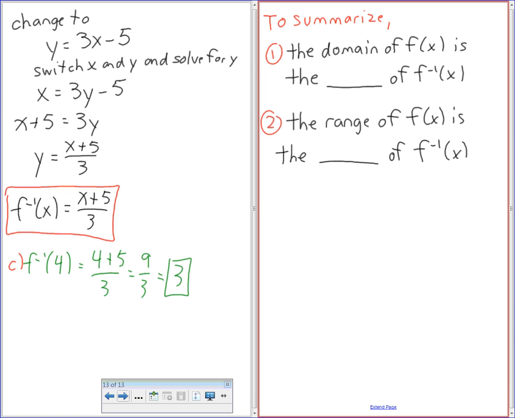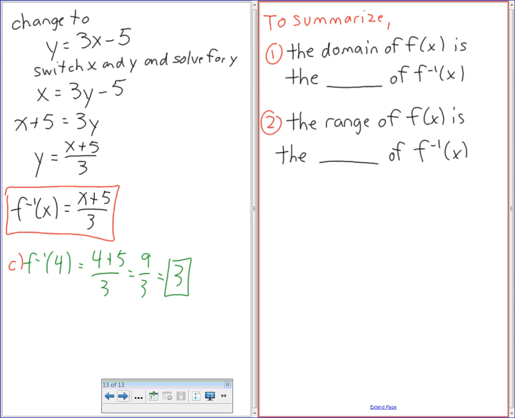Okay, these are 2 of the big points I want to get into. I don't think I'm going to do quadratics today because we're missing a third of the class here, so I don't want to get them too far behind. So it says the domain of f is the blank of f inverse. What's that going to be? Luke, go ahead. Domain of f of x is going to be the range of f inverse.